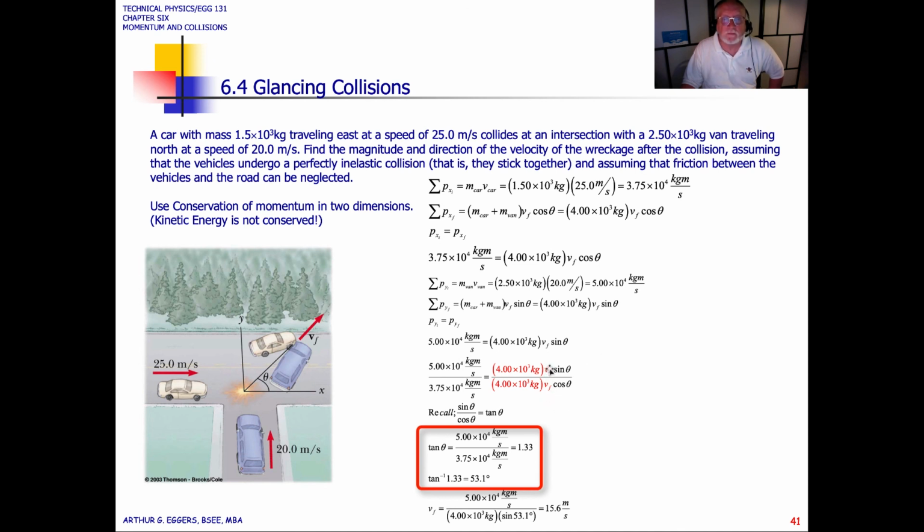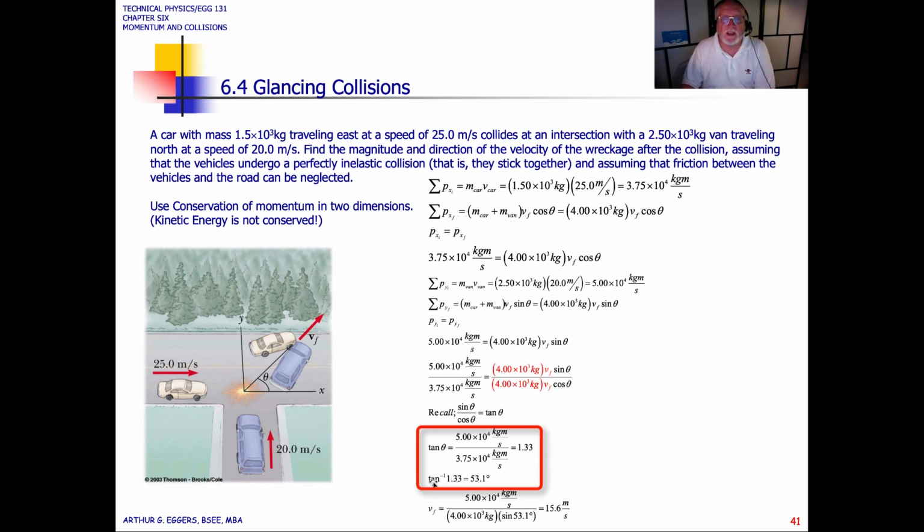Notice that the final velocities cancel out, and the 4 times 10 to the third kilograms cancel. So all of that goes away, and I'm left with my angular relationship set equal to 5 over 3.75 times 10 to the fourth kilogram meters per second. Now it just becomes a quotient, and I get a unitless value of 1.33, because the tangent is a unitless value.